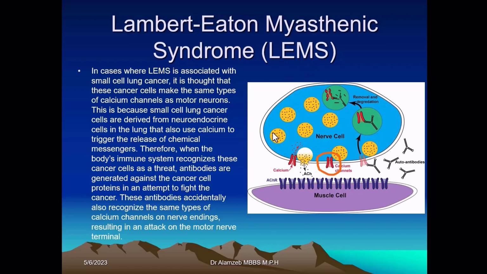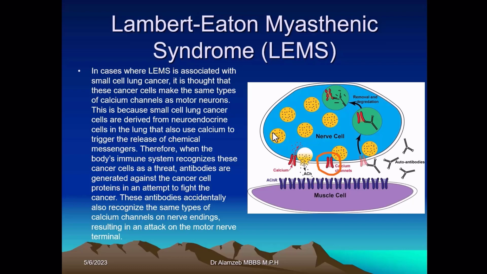But the difference between myasthenia gravis and Lambert-Eaton myasthenic syndrome is that if you present food to such a patient, the Eaton-Lambert patient will at first start slowly, but after some time he will take the food easily.